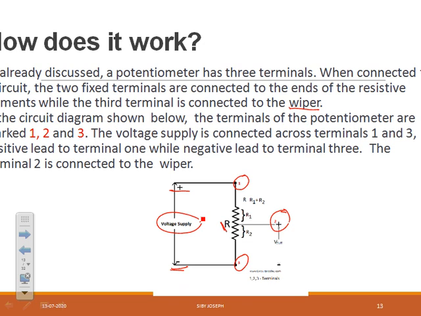The wiper terminal divides this total resistance R into two resistance values, R1 and R2. These R1 and R2 are in series, so the total resistance R is equal to R1 plus R2.